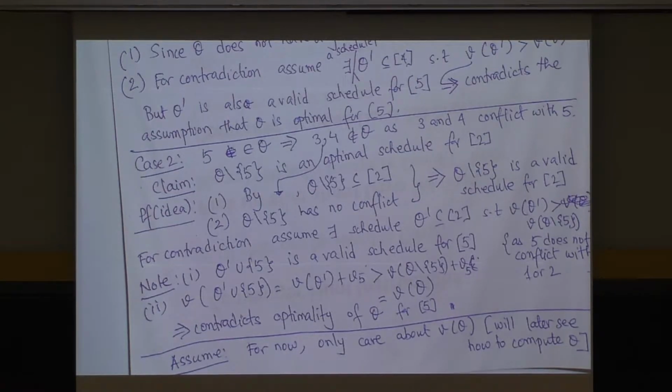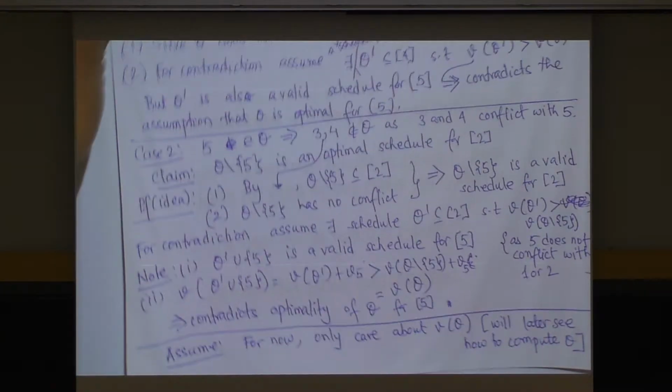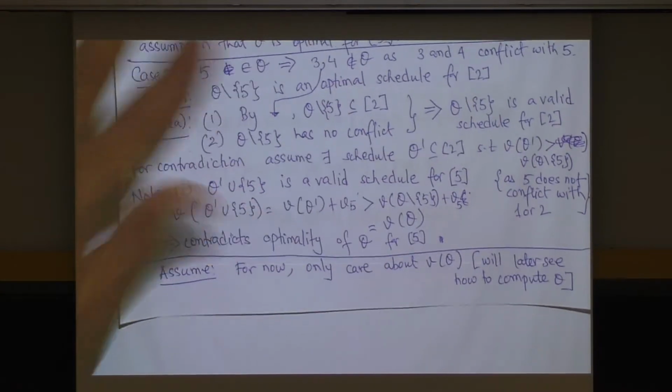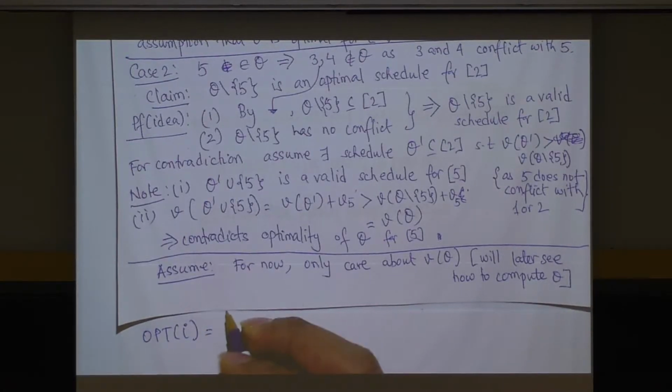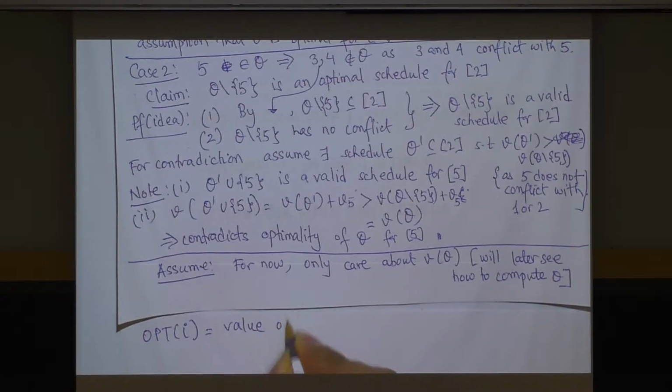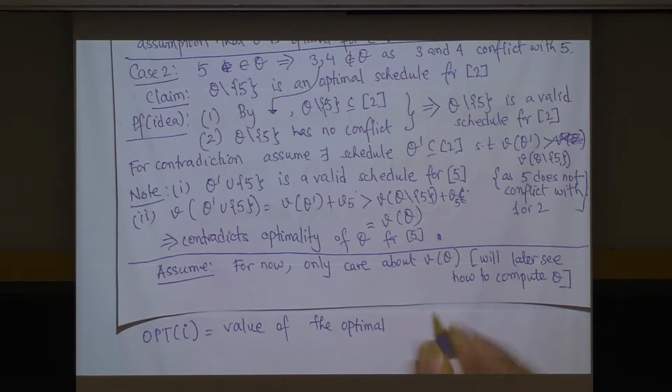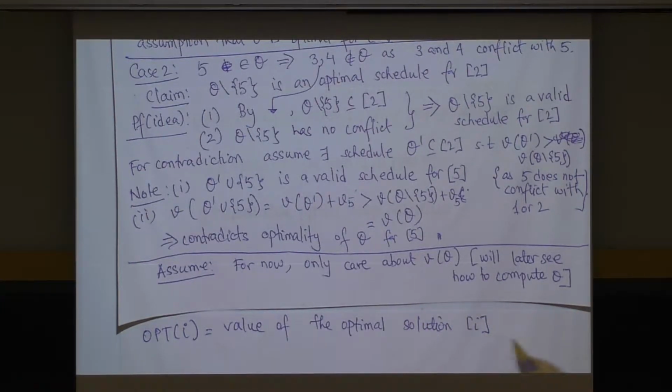All right. So with this, we need another notation. We'll denote opt of i to be the value of the optimal solution for the input instance where you only have the first i elements.